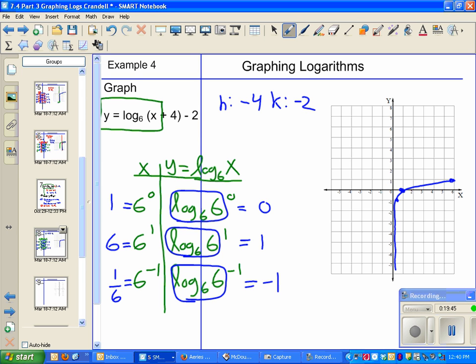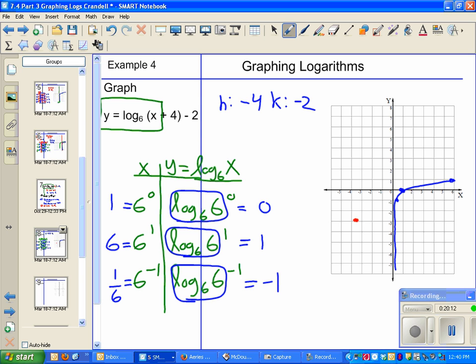Now we're going to shift it. So I'm going to take each point, and I'm going to go back 4 and down 2. So take 1/6 and go back 4, and then down 2.